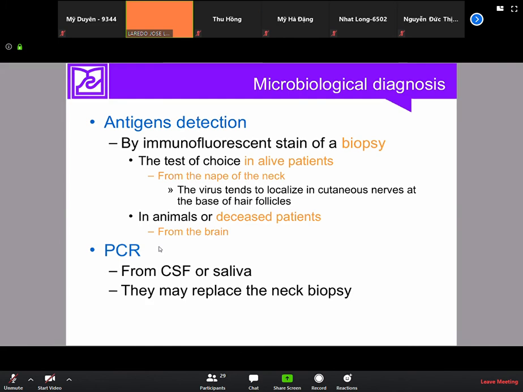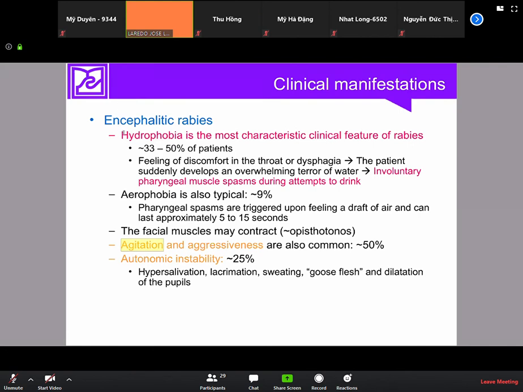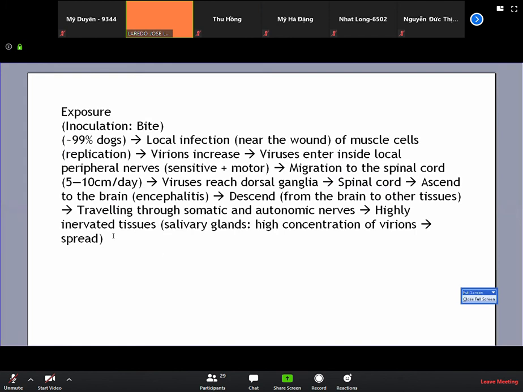How can we make the diagnosis of rabies? The diagnosis of rabies is clinical diagnosis, clinical. The microbiology laboratory can also help, but not very much. The diagnosis is clinical. So I can show you in the whiteboard what we can do at the laboratory of microbiology. So diagnosis of rabies.